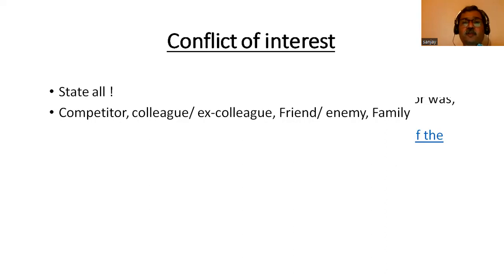And the editor said, no, it's perfectly okay if you recognize the author. I believe you'll be unbiased enough to give suitable comments on this paper. Go ahead and do it. So although the person was either a competitor, colleague, ex-colleague, friend, enemy, or family, and I'm not going to tell you what, because I can't tell you what, right? So I was able to give comments and the editor took an appropriate decision.